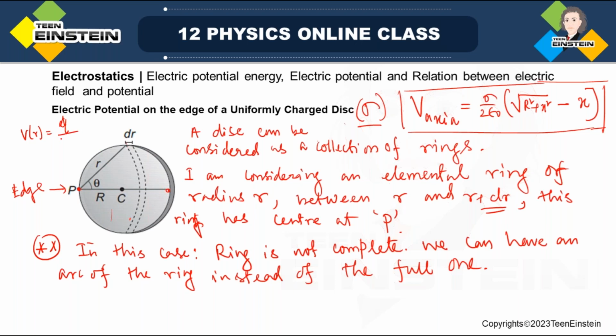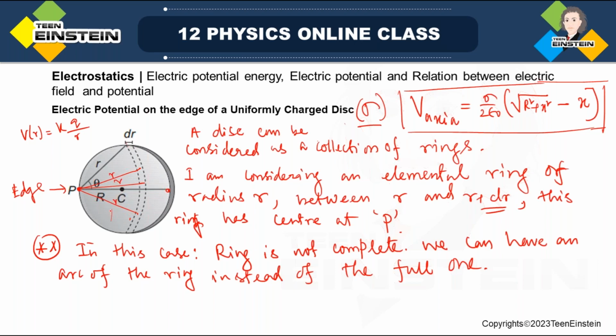We cannot write kq by r, where k is the constant. I cannot write this formula as kq by r or kq by x if the r varies. But in this case, since P is the center and this is the r of the ring, every part of the arc or elemental part of this has distance r.